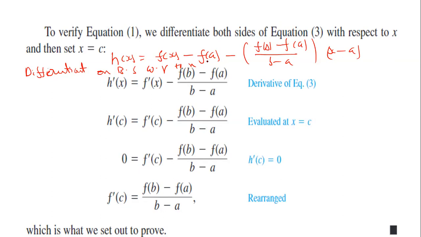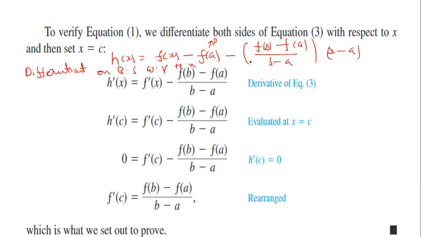Therefore, f(a) is a constant. Its derivative is 0. f(x) differentiation is f', f(a) differentiation is 0. Minus what is in this bracket, it is entirely constant, because there is no x here.